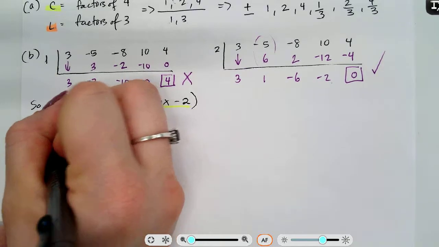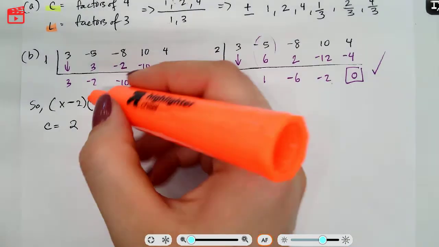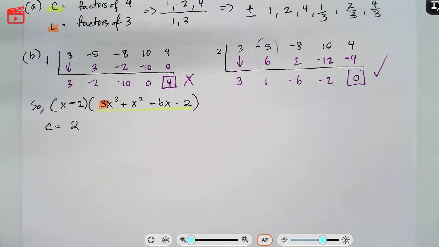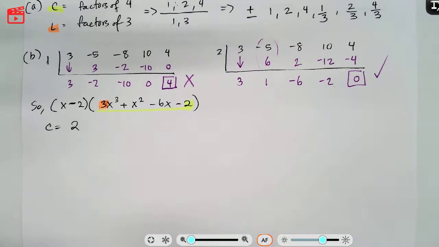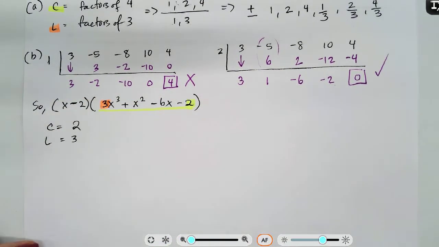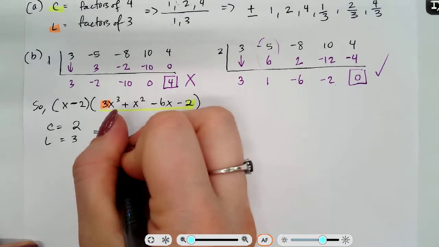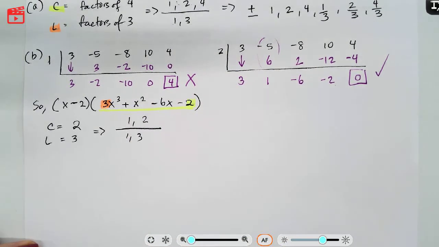So my c value is 2. Remember, we don't take the positive or negatives on that. And my L value is 3. Which means, looking at the factors of 2 is just 1 and 2, and the factors of 3 are 1 and 3.